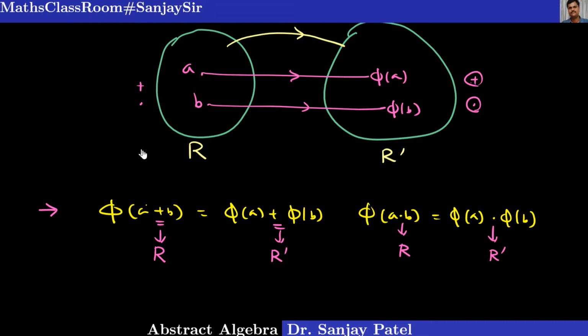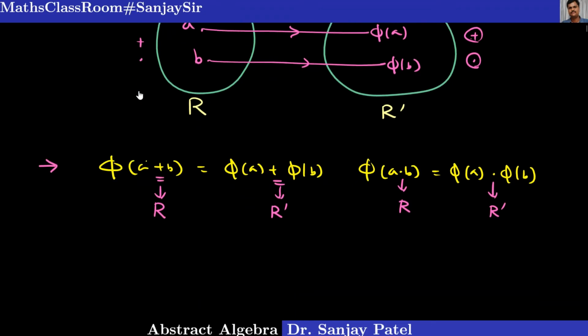Let us see some examples of homomorphisms. But in order to have more clarity, I will take, as far as possible, different notations for the operations of the domain ring and codomain ring. So let us start with the first example, which is a very simple one.